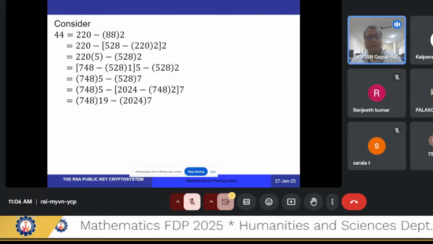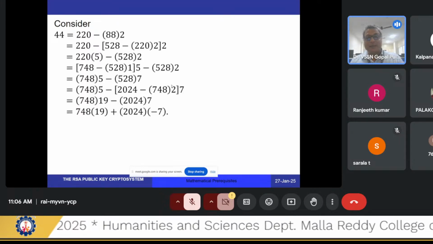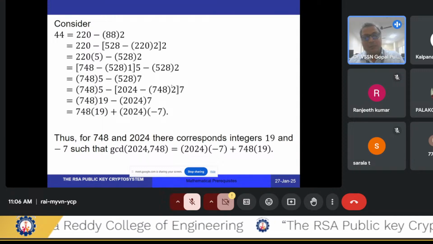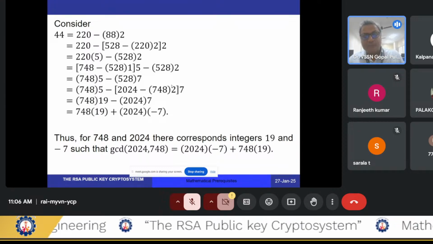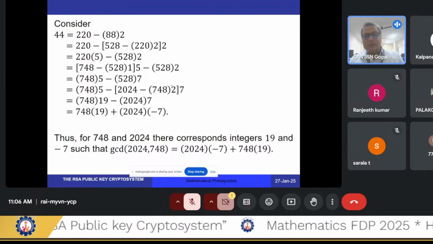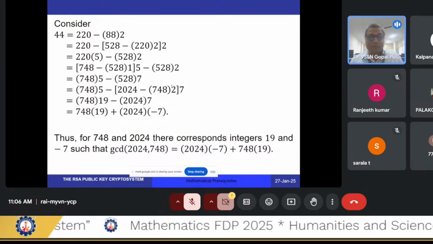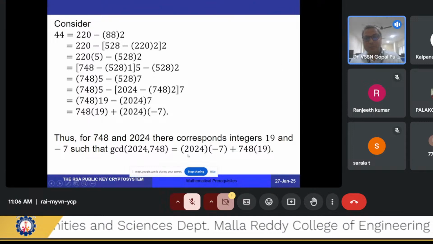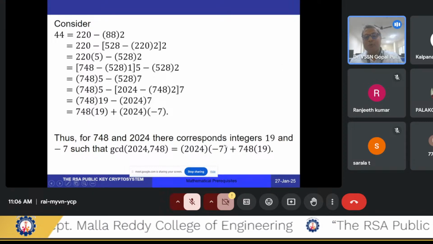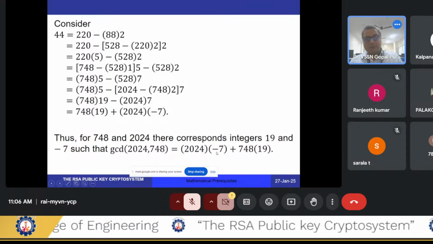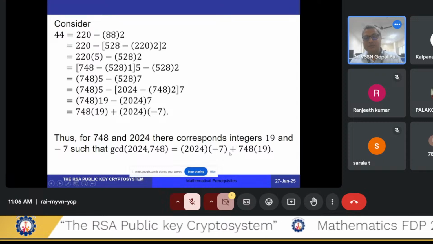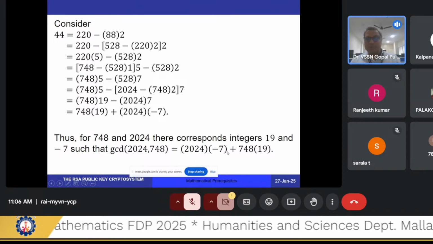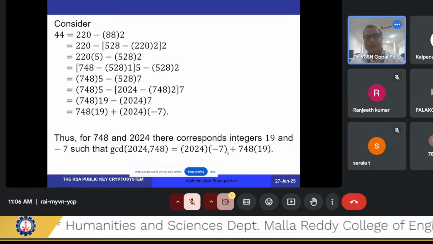If we keep on backtracking, finally we see that the GCD of the two numbers 2024 and 748, which is 44, is a linear combination of the same two numbers. So what are u and v here in this case? u and v are -17 and 19.